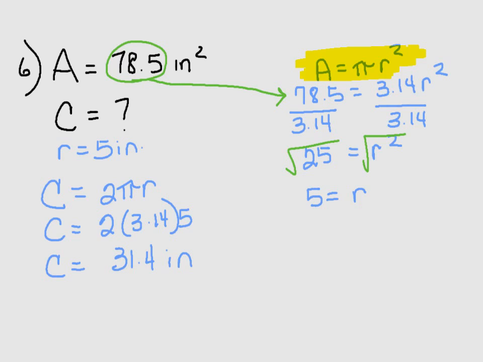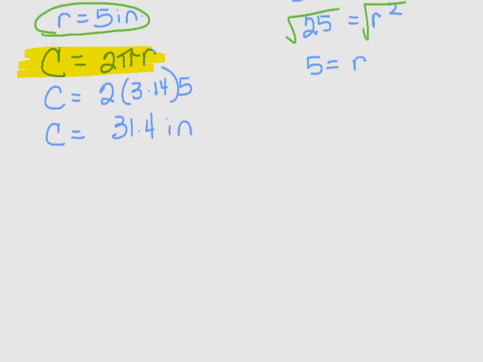And I get 25 equals r squared. To get r alone, I take the square root of both sides. And then I know that 5 equals r. Once I know that the radius is 5, then I can use my circumference formula next to find the circumference.